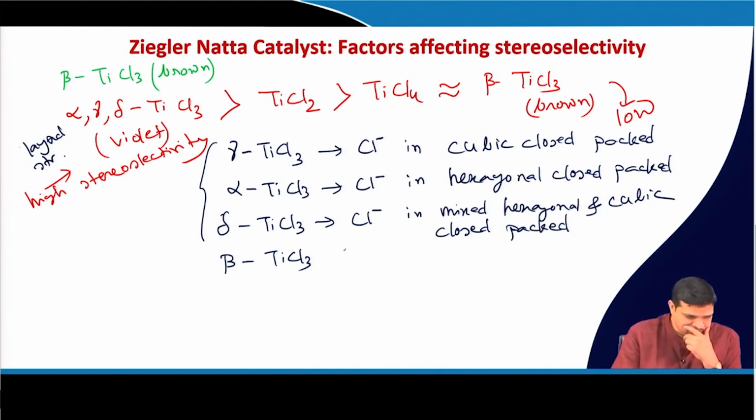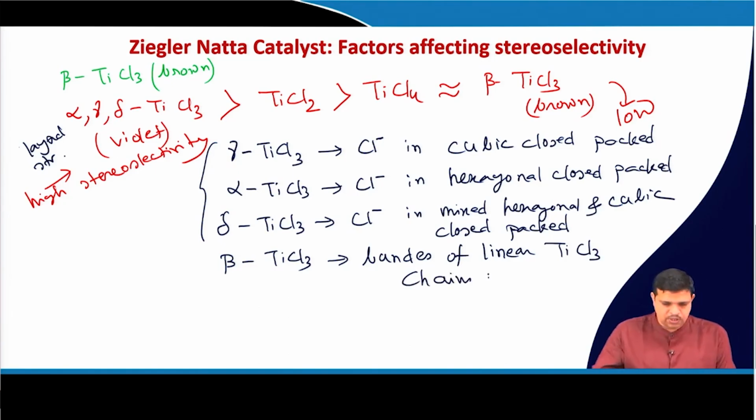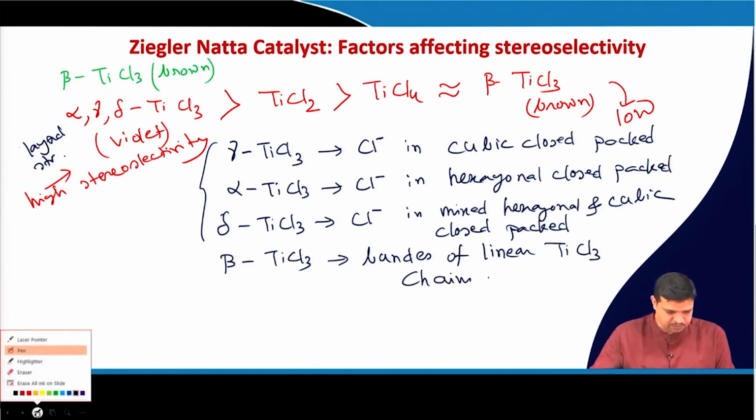Here, if you see the solid state structure, it's a bundle of linear TiCl3 chains. So in this case, what happens?